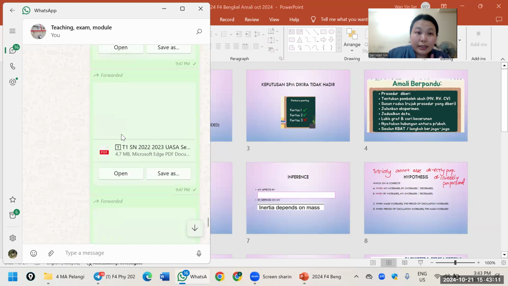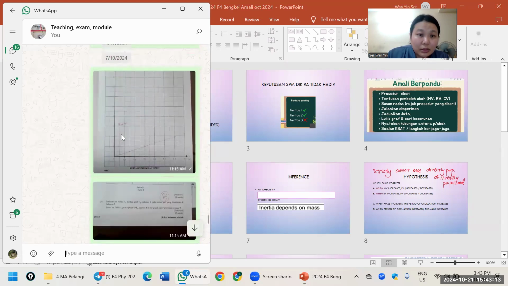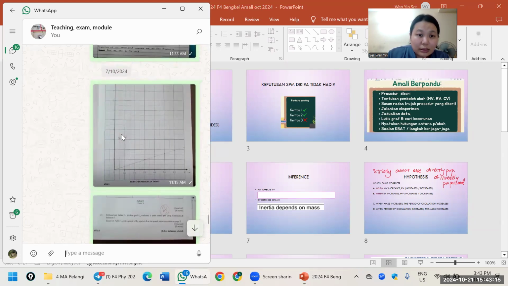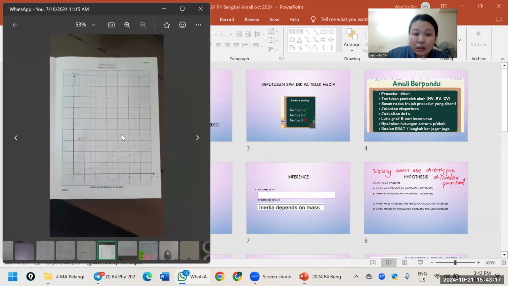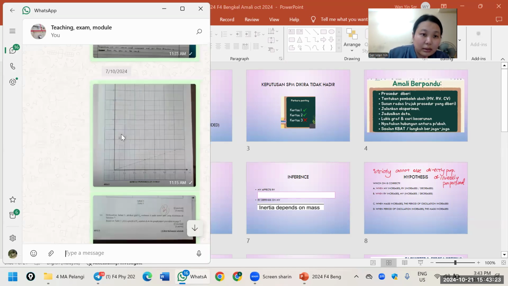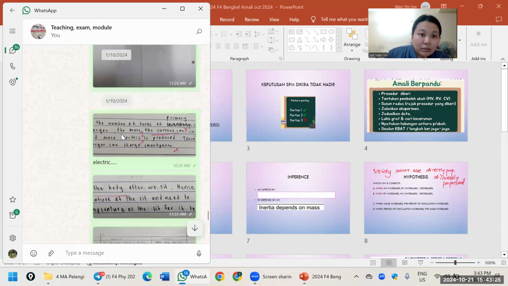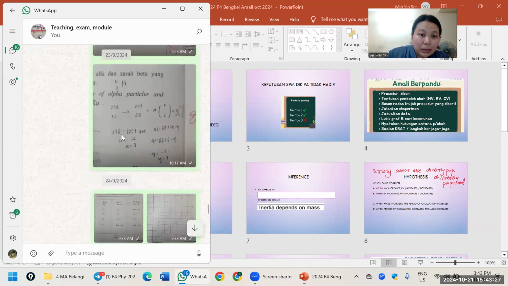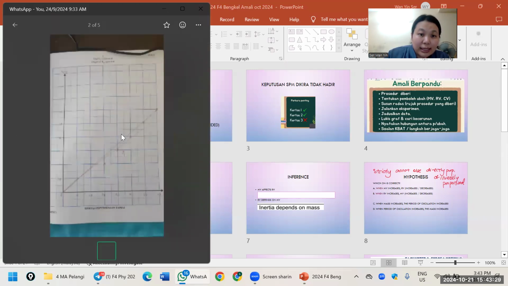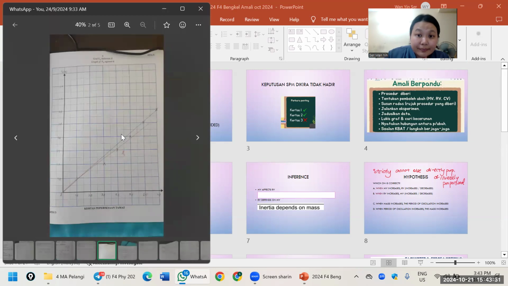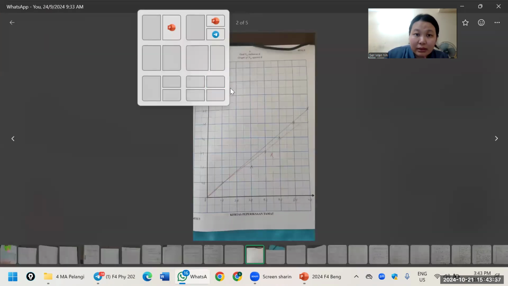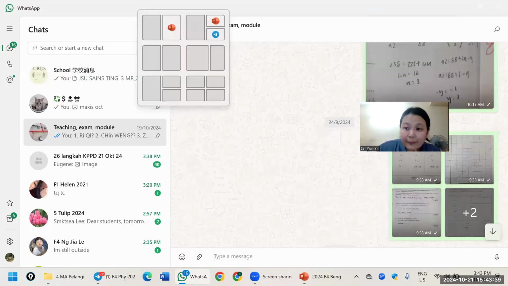For example, like this, the graph is not big enough, cannot. Can the points you plot be used for the gradient? Okay, I'm searching for the graph. Okay, this is what is here.